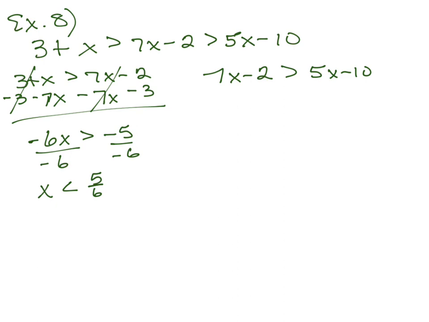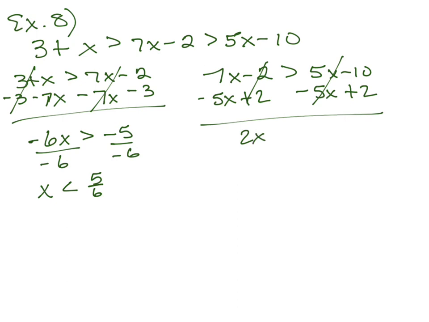Move on to the other side. Minus 5x on both sides, and what else? Plus 2. Take that 2 over yonder. 7x minus 5x is 2x, which is greater than negative 10 plus 2.